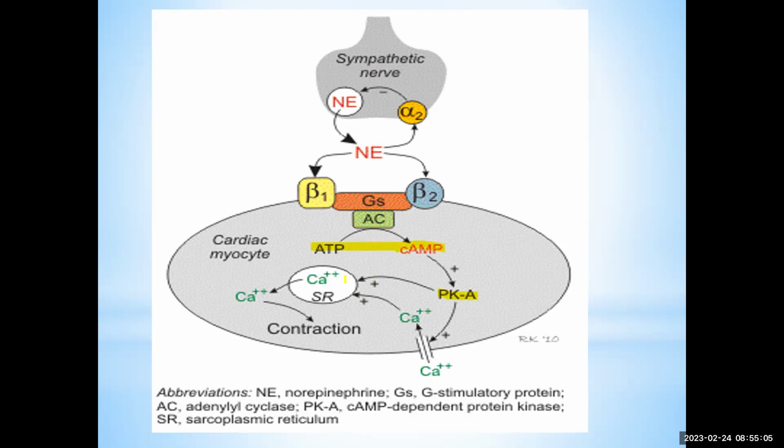One of those targets increases release of calcium from sarcoplasmic reticulum stores. That increases contraction because more calcium increases more contraction. Protein kinase A also activates L-type calcium channels. That increases influx of calcium. Influx of calcium increases calcium release. Remember, in cardiomyocytes, you have calcium-dependent calcium release. That increases contraction, both the rate and the force of contraction.